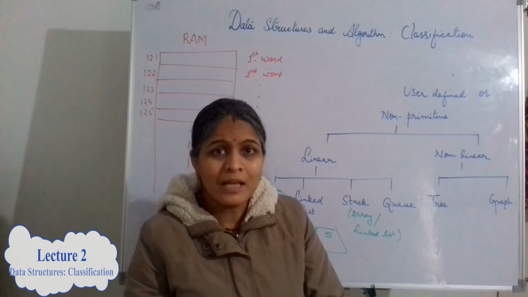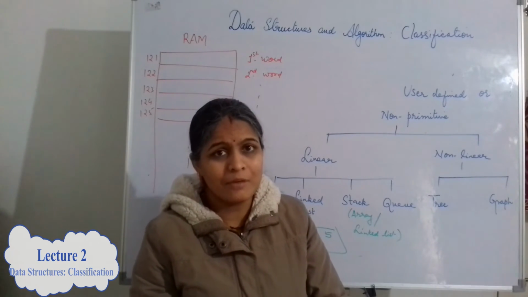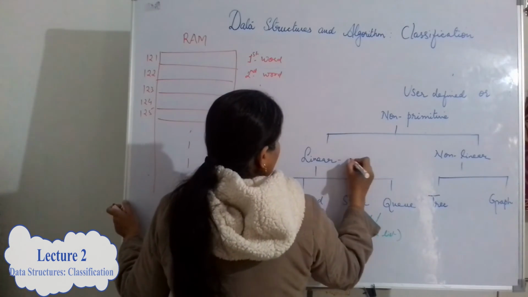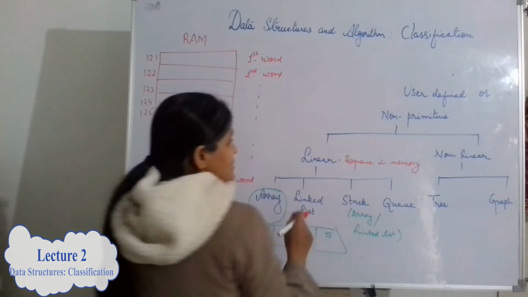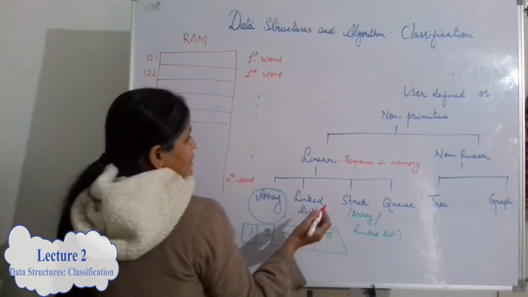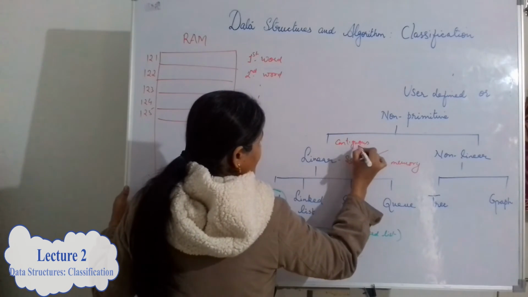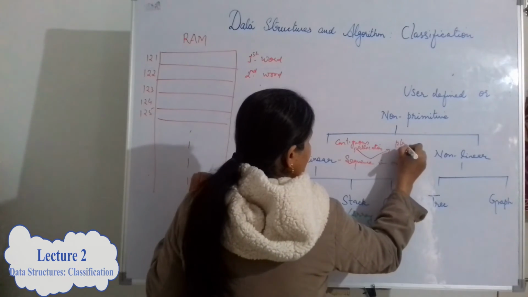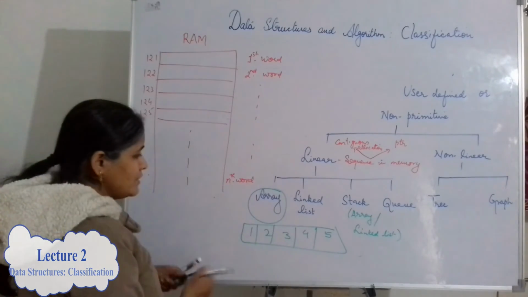Number one, with the help of sequential or contiguous memory allocation, and number two, with the help of pointers.